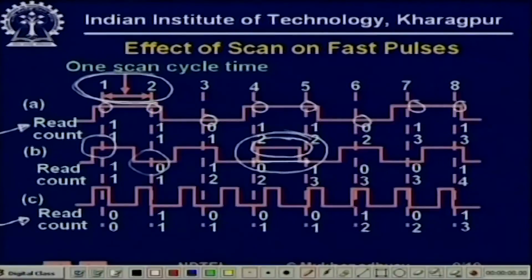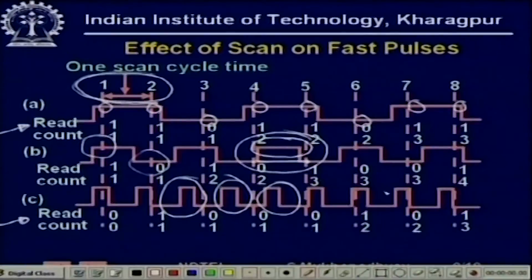If you have faster pulses coming out, still faster, then many such pulses will be missed. For example, this one, this one, this one. So, only some pulses will be counted, and you will get drastic errors. For example, in this pulse, when it was sensed here, it was 1, when it is sensed here, it is also 1. So, therefore, it will be assumed that it continued at 1.